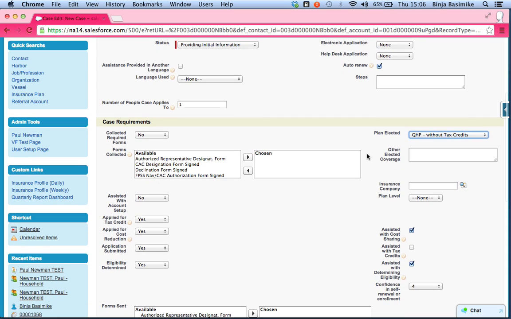And lastly, if you select auto-renew, make sure that the default is QHP without tax credits. And at this point, you should feel free to ask the contact if their income has gone down. If it has gone down, you should check if they can apply for tax credits. Feel free to reach out to management if you have any questions about this process.